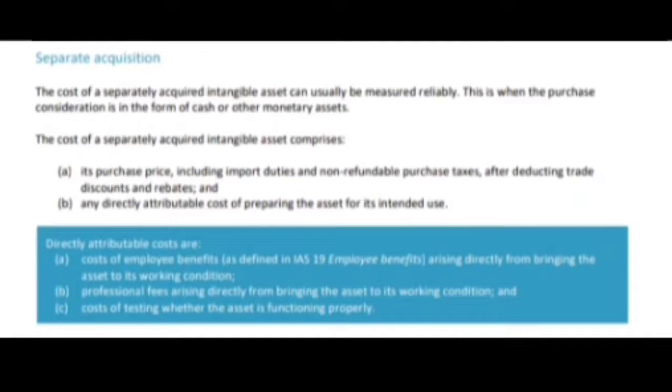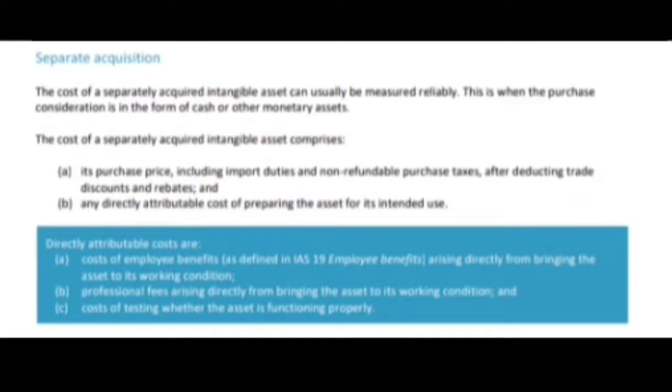Now, what are directly attributable costs? Cost of employee benefits. Each and every benefit you are paying to the employees shall be a directly attributable expense that you have incurred on the asset.